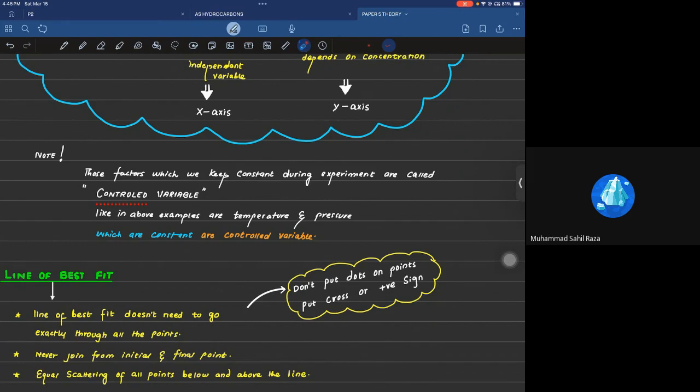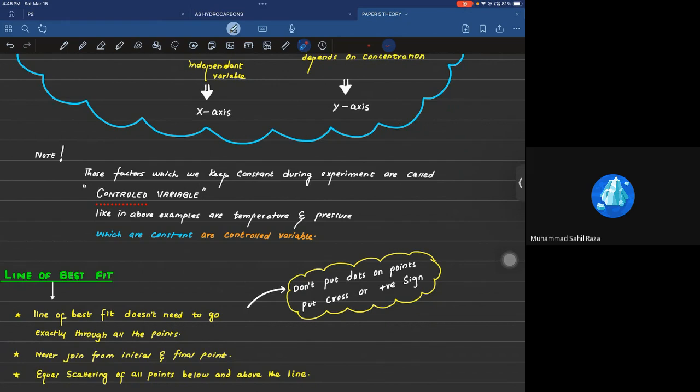It's a misconception. Most students think that the line of best fit is a simple straight line that joins the first point to the last point. No, it's not true. You take your ruler, put it on the first point and make a straight line to the end point. No, that's not true.